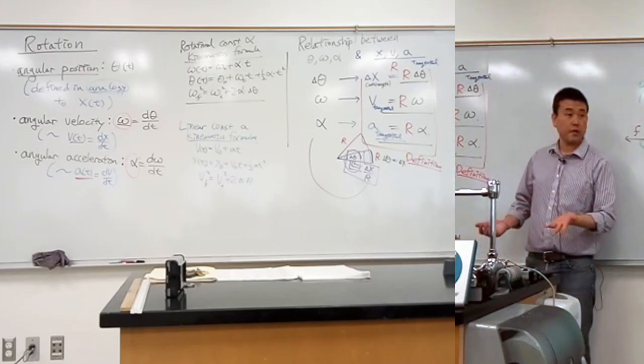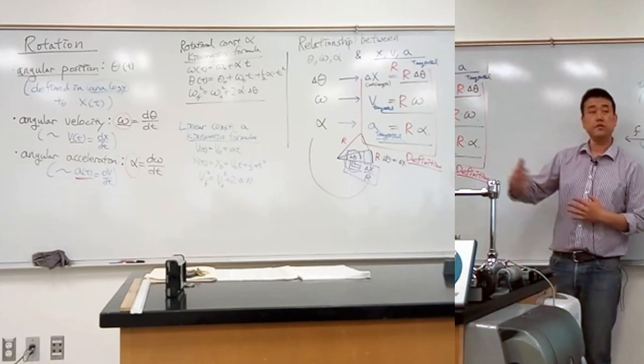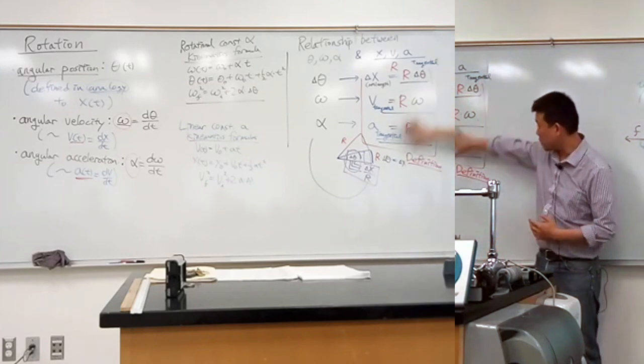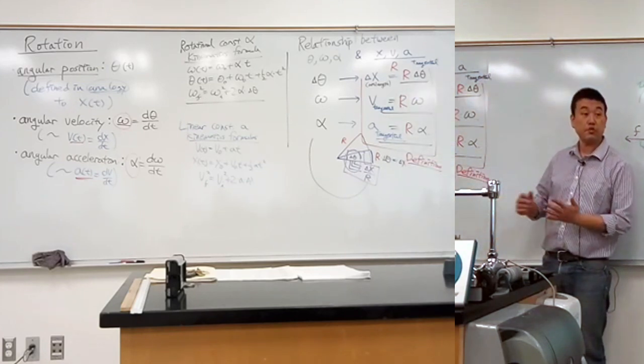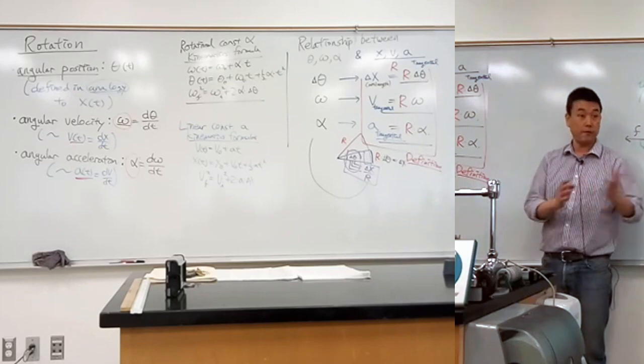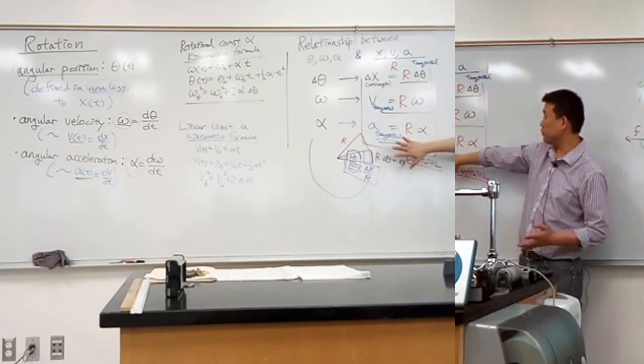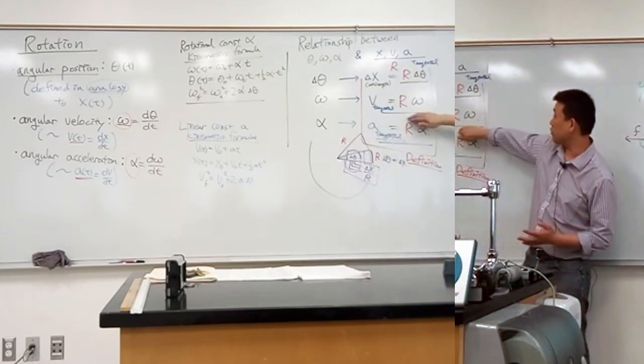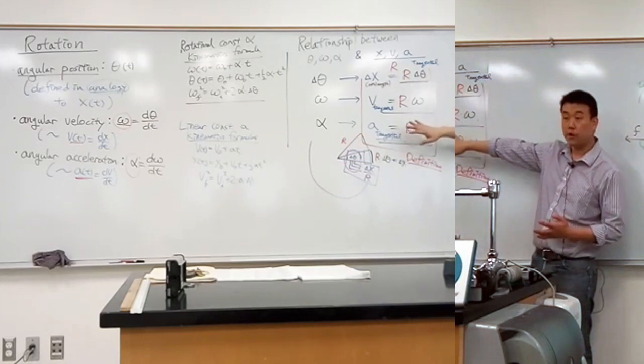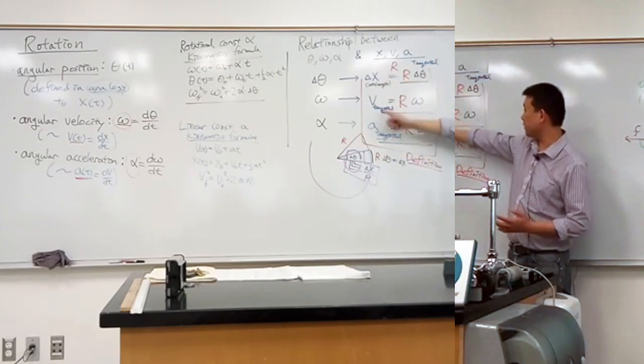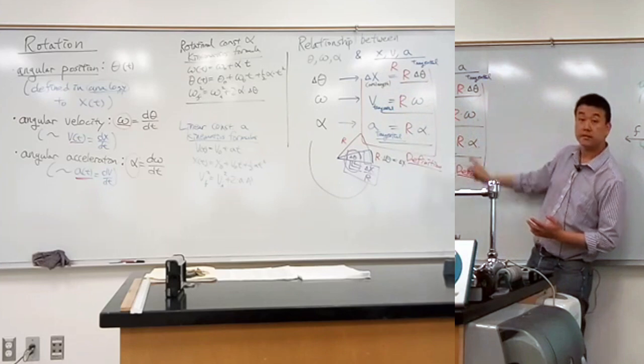So when we are dealing with rotation, we are essentially retracing those steps again. This is the language we'll use, and whenever we want to translate between what we did before and what we are doing now, this is our translation table from the linear quantities to the angular quantities.